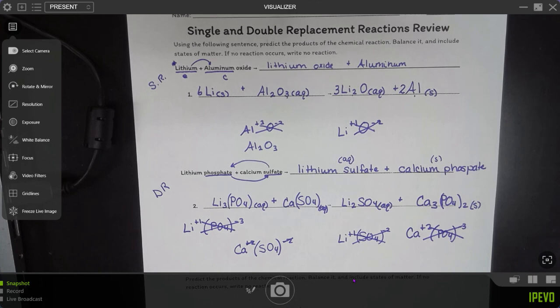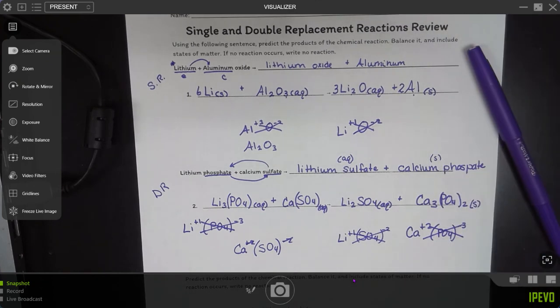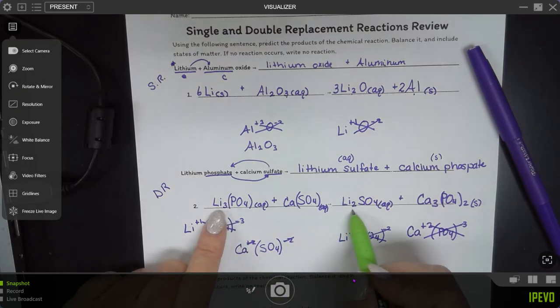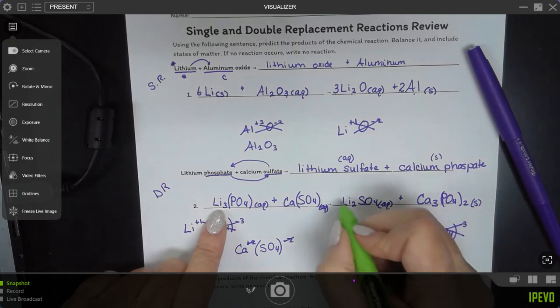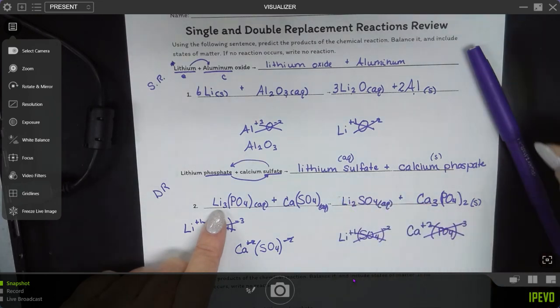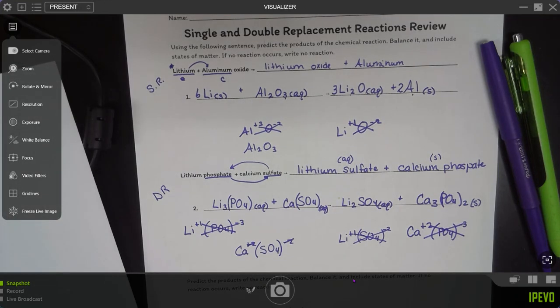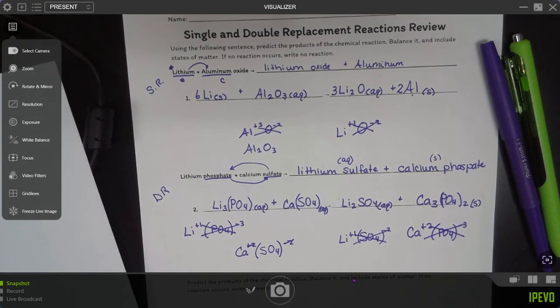All right, now I need to balance. So let's look at what I've got. I've got 3 lithium here, 2 lithium there. This is one of those classic cases where we've got to get to 6 of the atom in order to be stable.